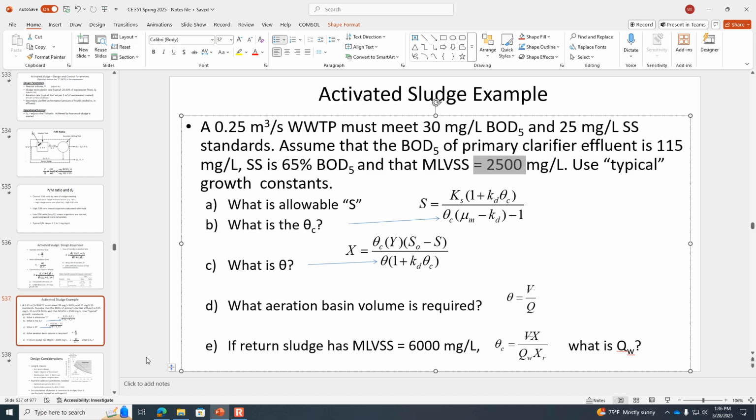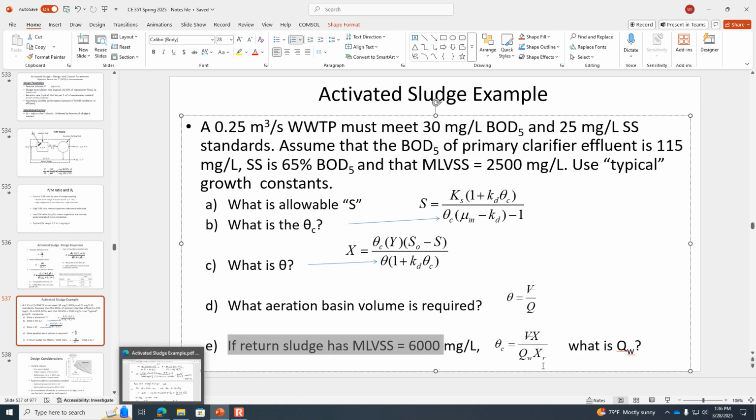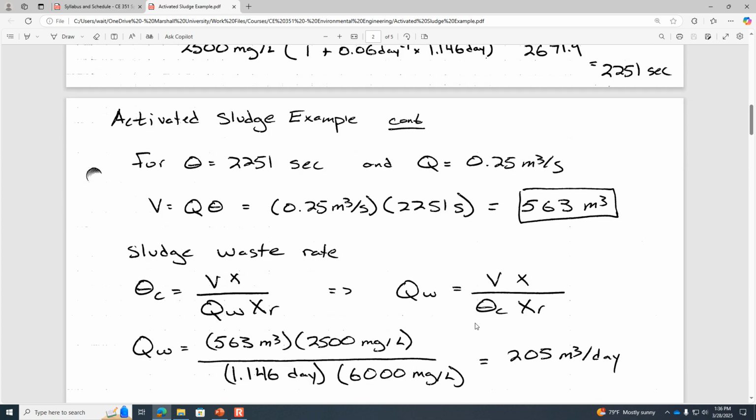There's more in the sludge. So this is saying, what if the return sludge has 6,000? What does that tell us about the rate that the sludge is being wasted? So that X sub R is the 6,000, if we're assuming that there's 6,000 milligrams per liter of volatile suspended solids in the sludge that's being wasted.